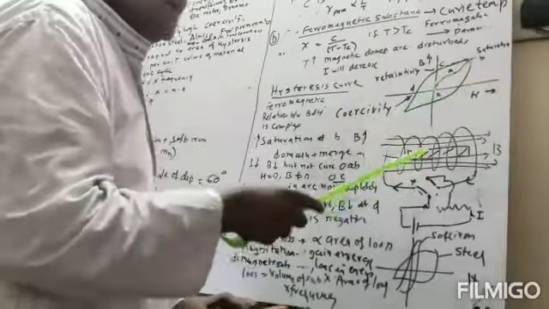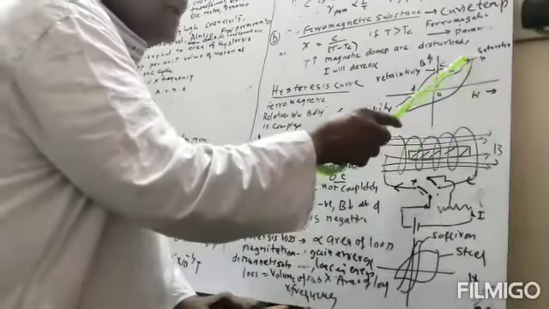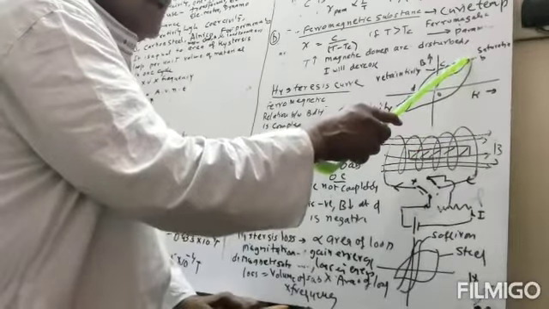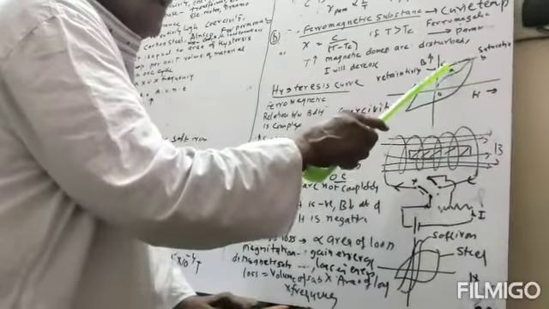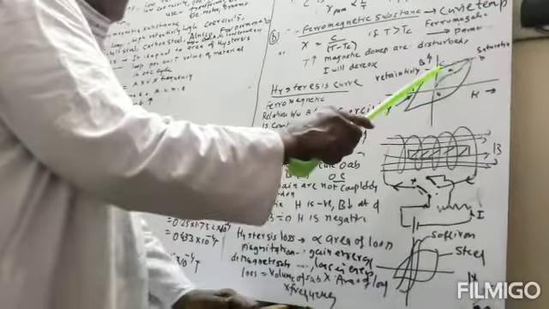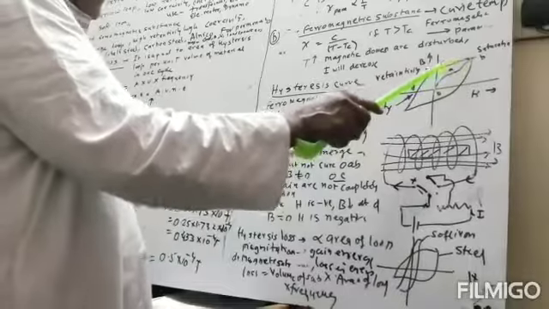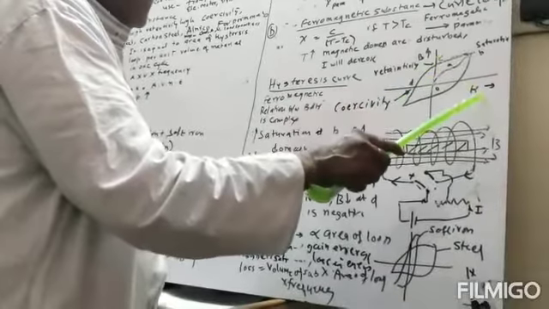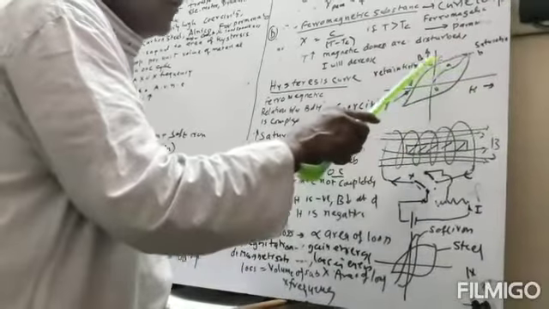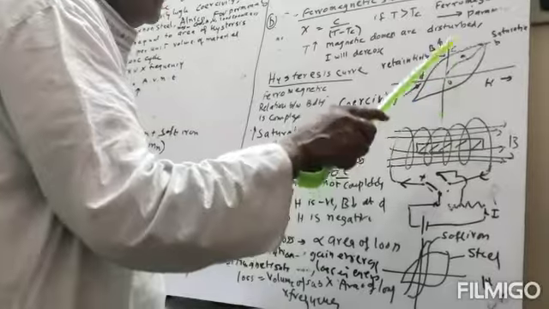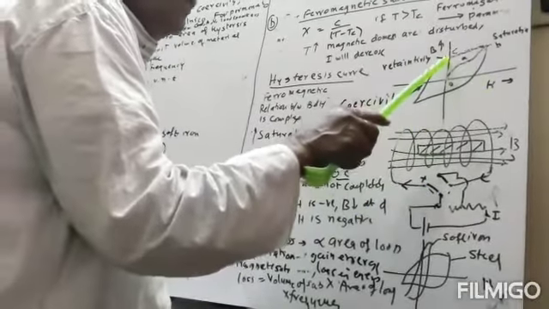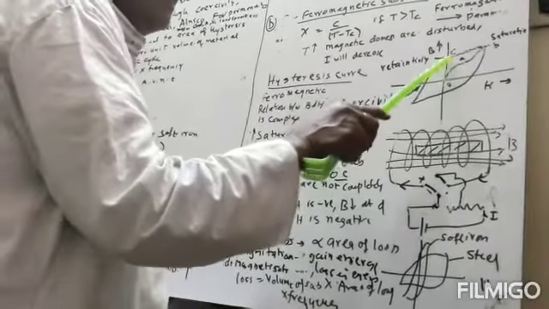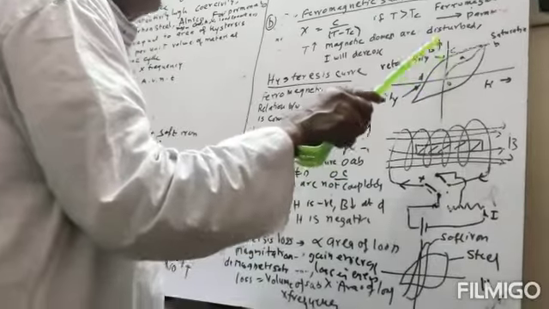But if we decrease the current here, means we are decreasing H, then what will happen? It will be decreasing. It will not retrace this path. It will take another path here, and at this point, see, the H is 0, but B is not 0. Here the current is 0, when H is 0, but the magnetic field is not 0.